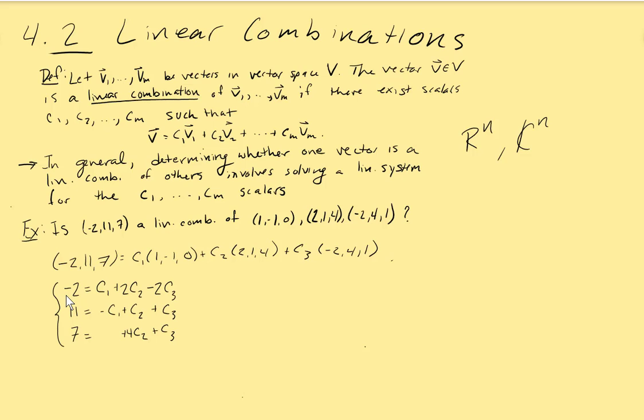And so to solve that, I'm actually just going to pack this up into an augmented matrix, the coefficient matrix here, and the constant column augmented to the end of that. Let's fill this out. Put a 0 there. And so we get this augmented matrix.